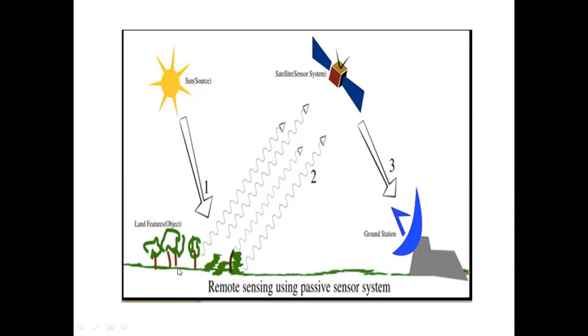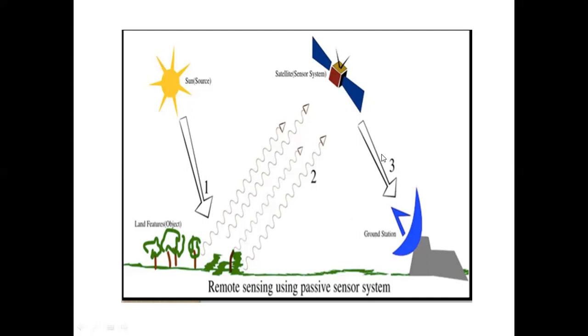This radiation is reflected, transmitted or absorbed by the earth surface or elements of the earth surface, and this absorbed, transmitted or reflected data is captured by the sensor, which is put on the satellite, and sent towards the ground base. So this is the total passive remote sensing process.